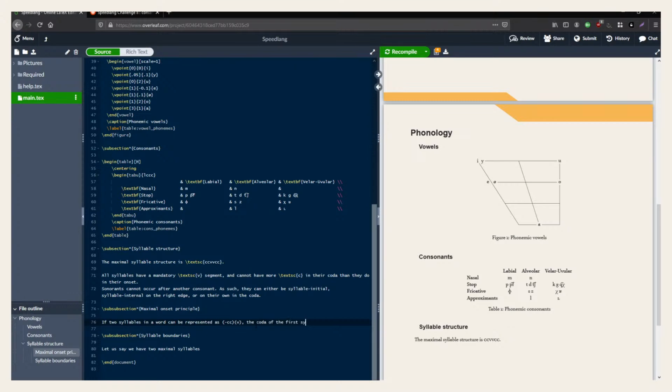The first syllable is to the onset of the next one.